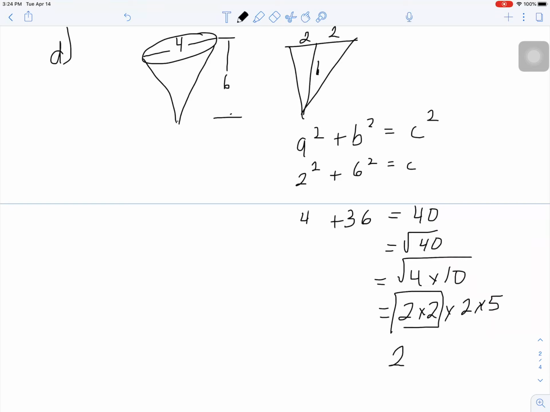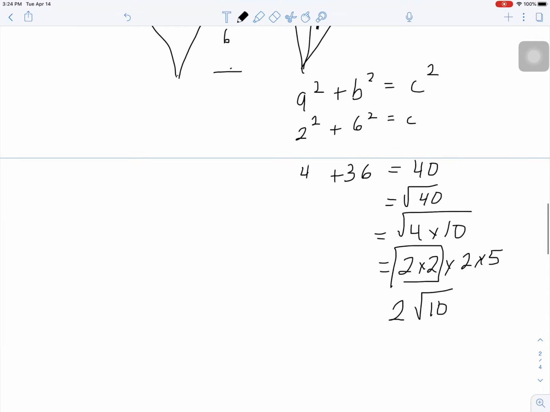All right, so we can take this square of 2 out, which is 2, times the square root of 10. That's as far as we can break it down, which once you've punched that into your calculator is going to be roughly, so put your squiggly equal signs, 6.3 inches. And that's how you would find out the slant heights of cones and pyramids.